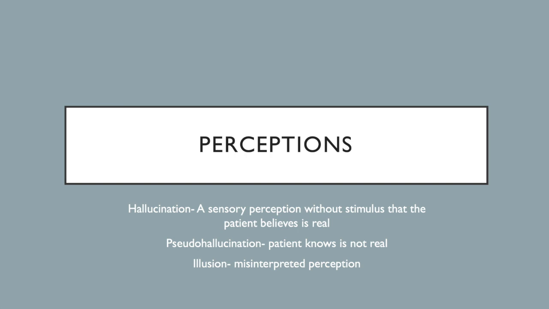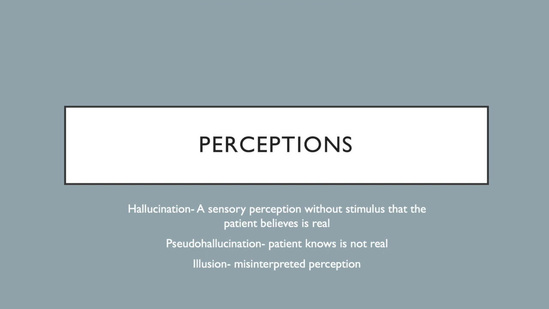A hallucination is a sensory perception without stimulus, and the patient will believe that this is real. That's the difference between pseudo-hallucination and a hallucination. In a pseudo-hallucination, the patient knows that the hallucination was not real. They still saw it, they still experienced it, but they know that it's not real.